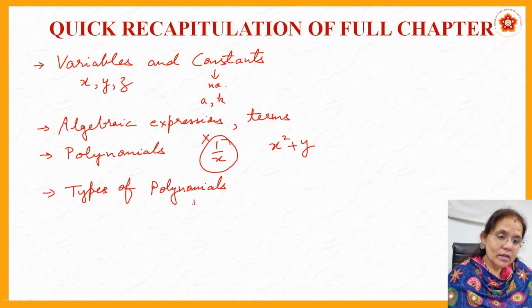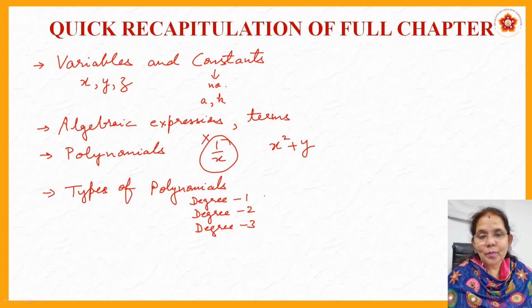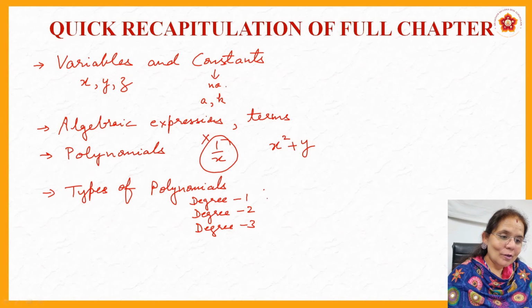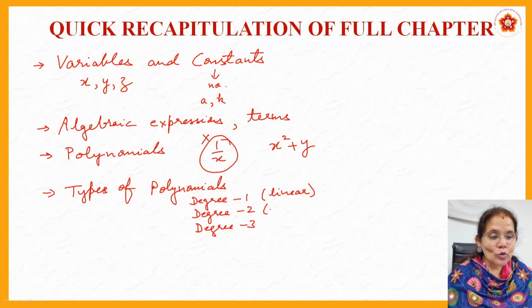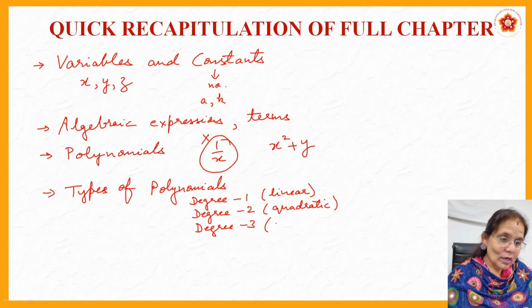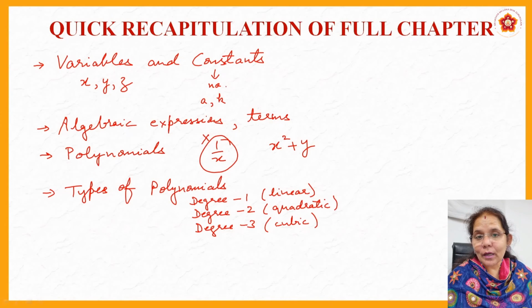We discussed degree 1, degree 2, and degree 3. If the degree of the polynomial was 1, it was called a linear polynomial. If it was degree 2, it was called a quadratic polynomial. And if the degree of the polynomial was 3, it is called a cubic polynomial.